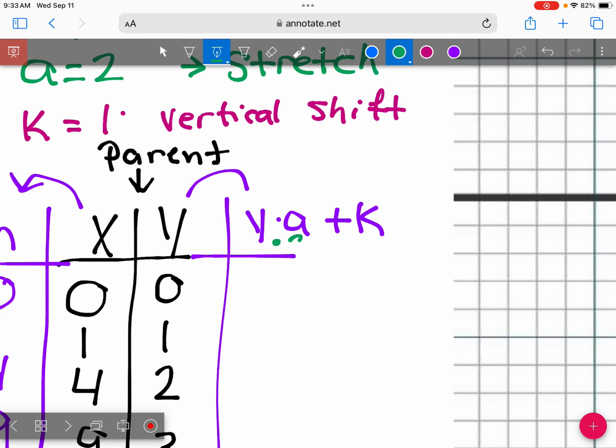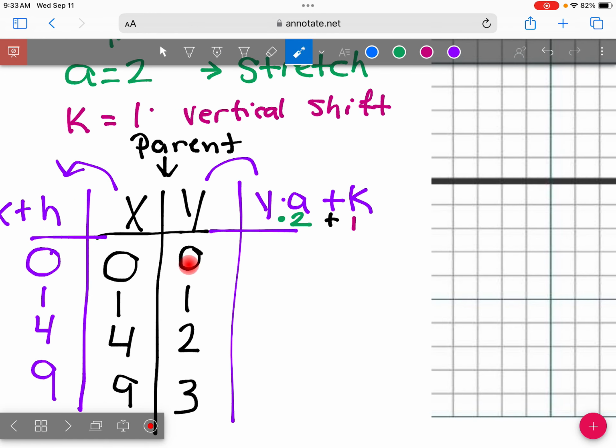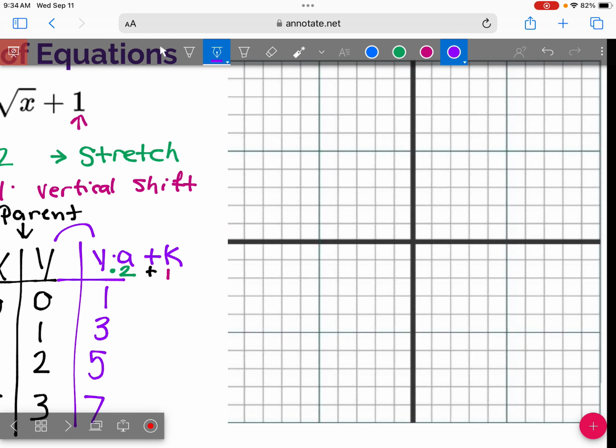So if I take 0 times 2, what do we get? Plus 1. 1 times 2 plus 1. 2 times 2 plus 1. 3 times 2 plus 1. Woohoo! I ask such hard questions sometimes. All right, so that gives us our points. My two purple columns are my X and Y points.